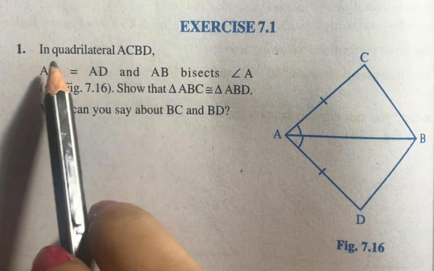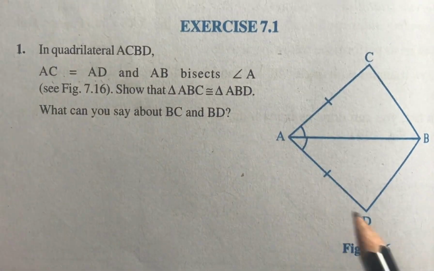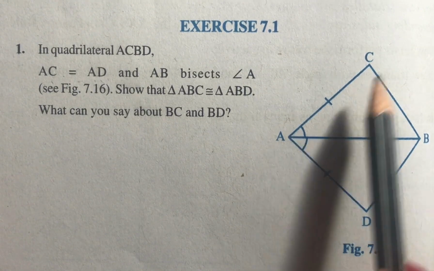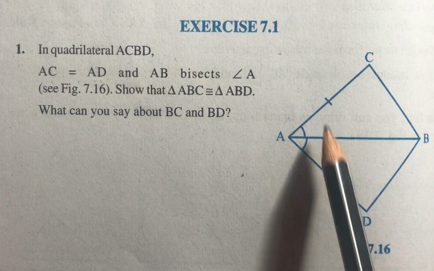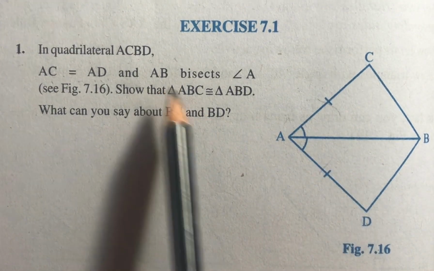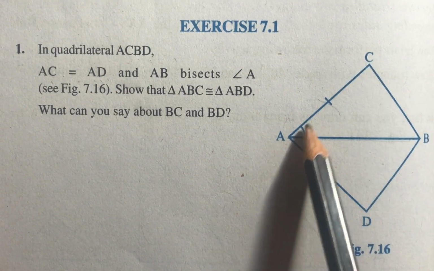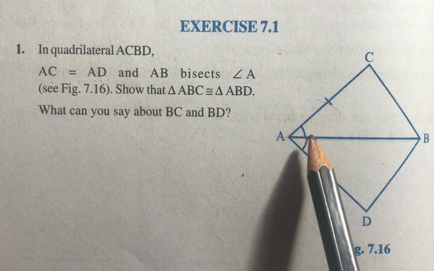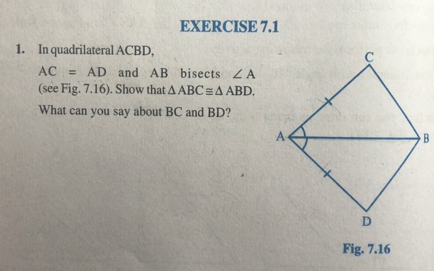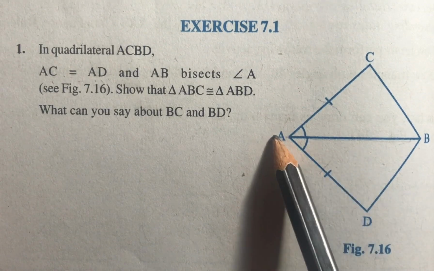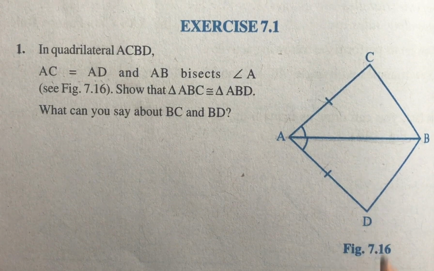Question number 1: in quadrilateral ACBD, AC is equal to AD and AB bisects angle A. So CAB will be equal to DAB. Show that triangle ABC is congruent to triangle ABD.